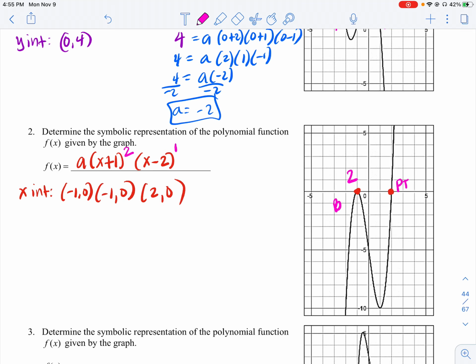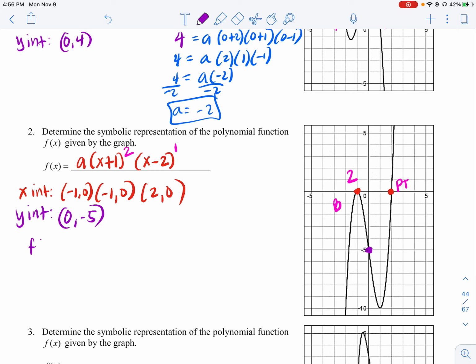Let's have our y-intercept. What is the y-intercept? Purple. The y-intercept is that one right here? 0, comma, what is that? -5. 0, comma, -5. Now, we can solve for our a value.